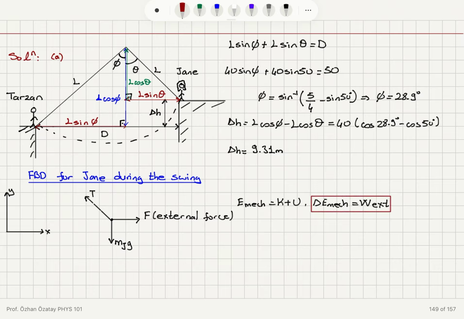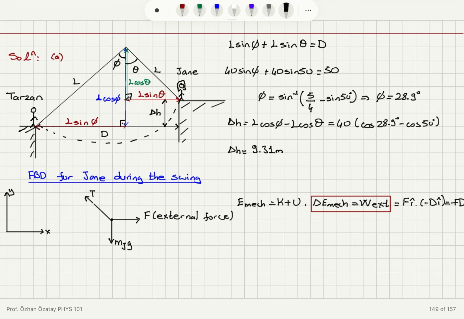The external force F will change the mechanical energy. So what is the work done by this external force? The force is in the i hat direction, causes a displacement in minus d i hat. So this is basically minus F d.